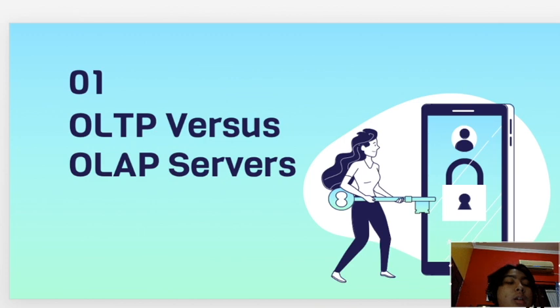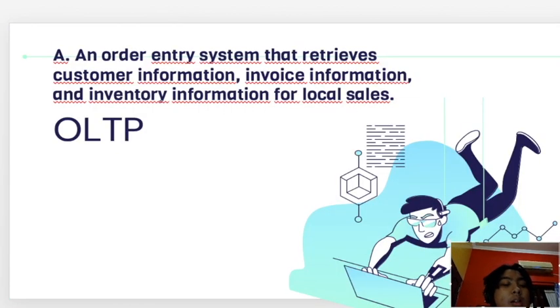So here there are 6 events where you need to decide whether these events or activities are preferred with the OLTP server or the OLAP server. First is an order entry system that retrieves customer information, invoice information, and inventory information for local sales.